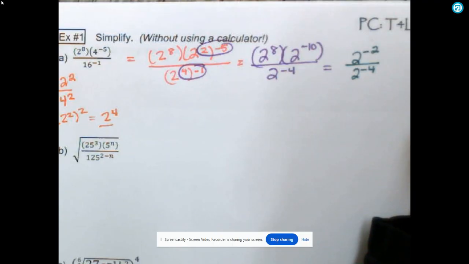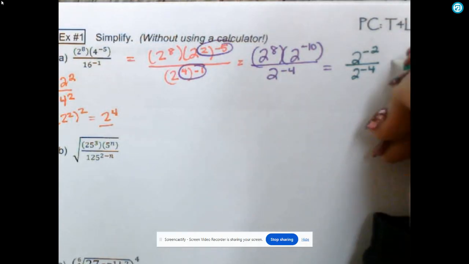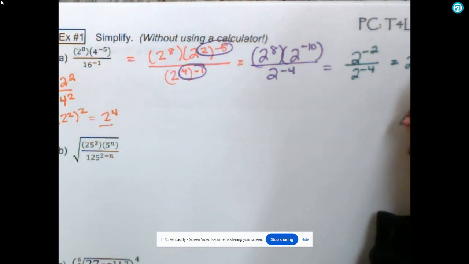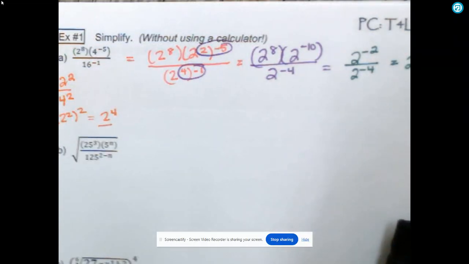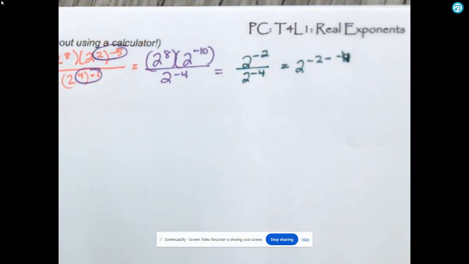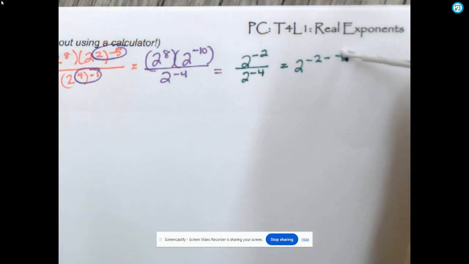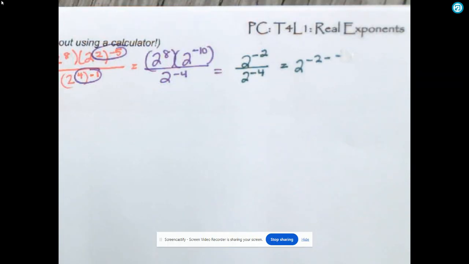Now I'm applying law number 2. We're dividing, so I'm going to subtract those. That's going to be 2 to the negative 2 minus negative 4. Let me fix that, it's supposed to be a negative 4.